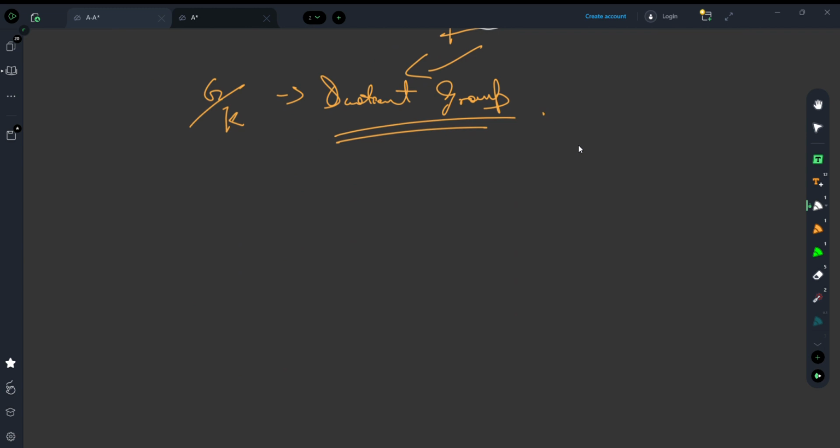So, definition, let me just write it in this way.